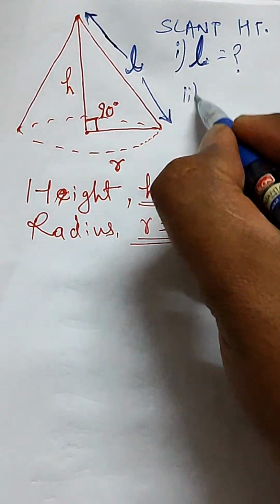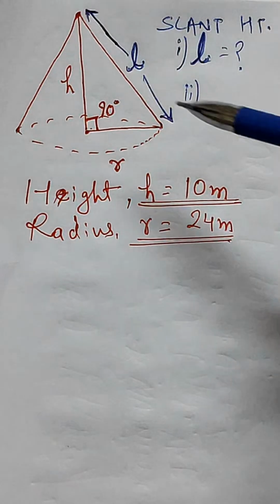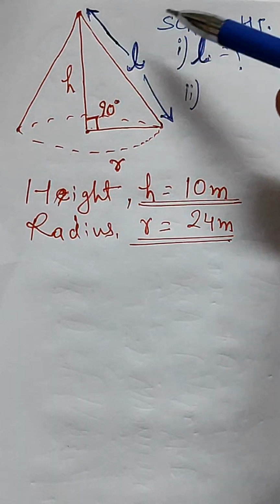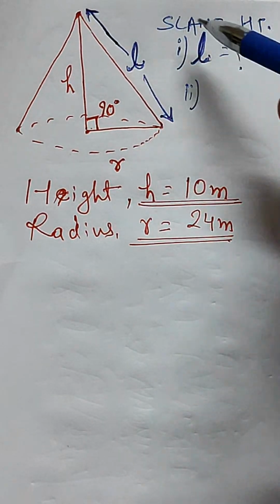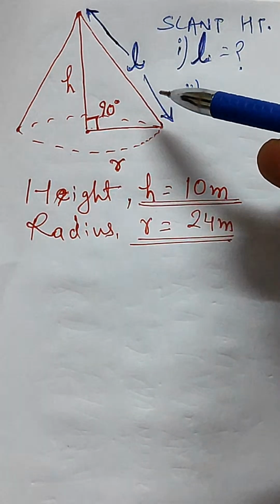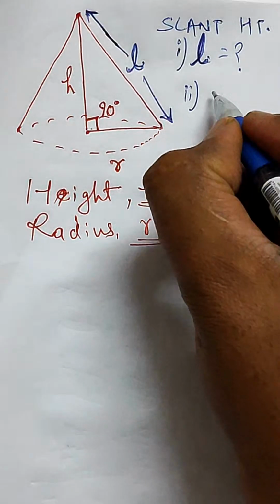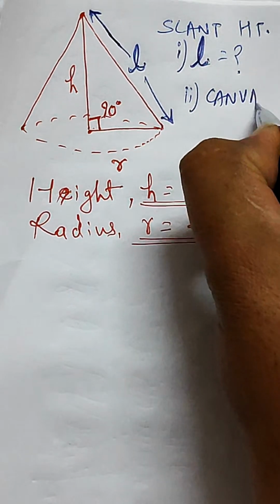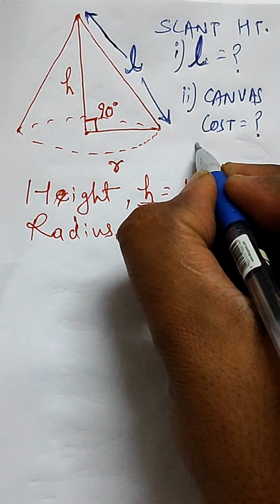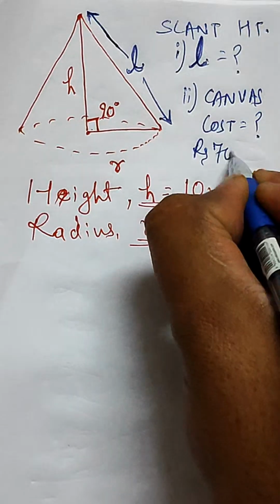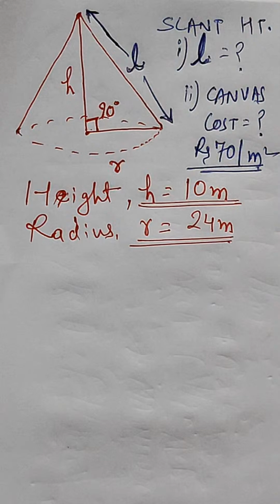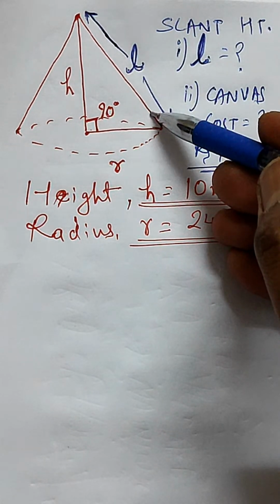And the second part which needs to be calculated is the cost of canvassing the tent, the canvas which is required to make the tent, if the cost of 1 meter square is rupees 70. That means canvas cost needs to be calculated when rupees 70 per meter square is the standard rate of canvassing.